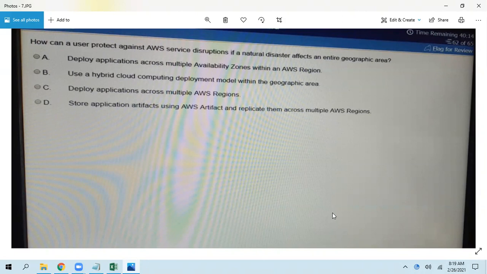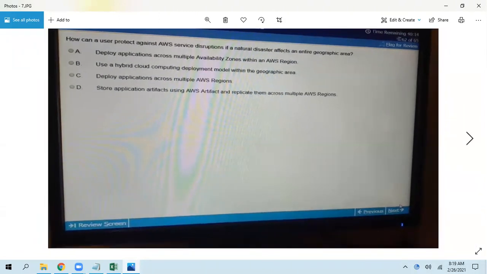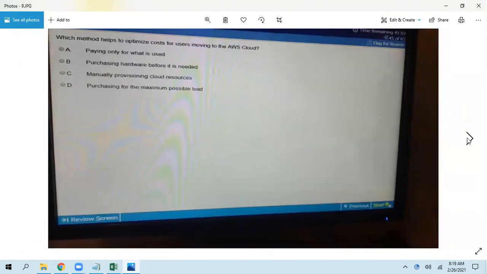A region represents a geographic area. If one entire area goes down, but you deploy across multiple regions, you can sustain it. So that is one. Which method helps to optimize cost when moving to AWS? Paying only as you go.